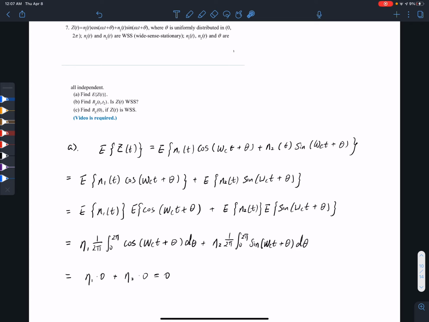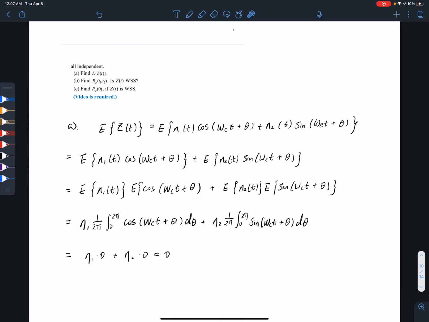So the statement is equal to the expected value of N1(t) times the expected value of cosine(omega t plus zeta), plus the expected value of N2(t) times the expected value of sine(omega t plus zeta), and we can convert it to an integral.